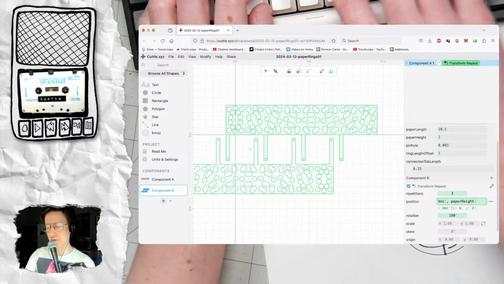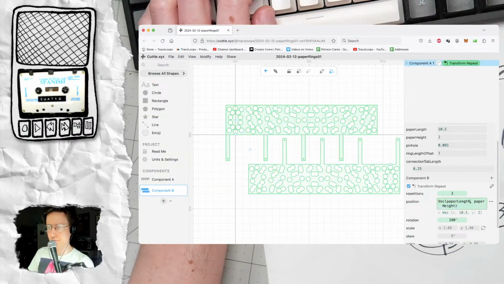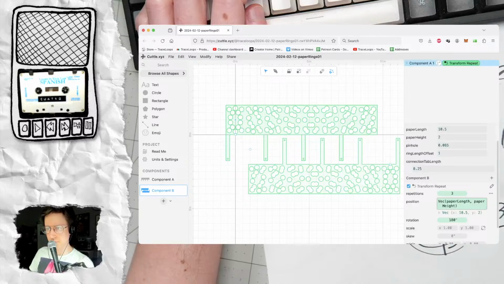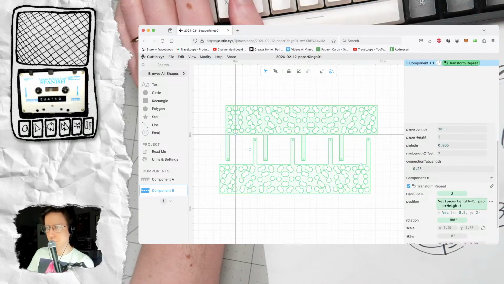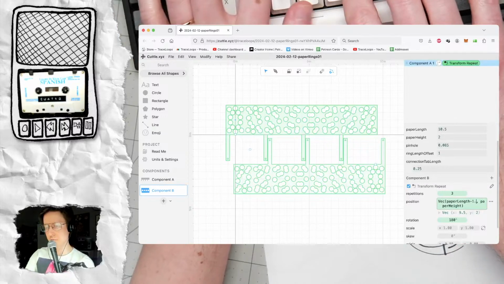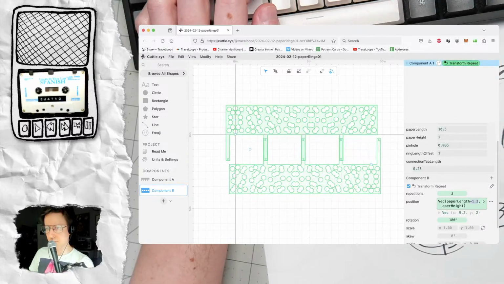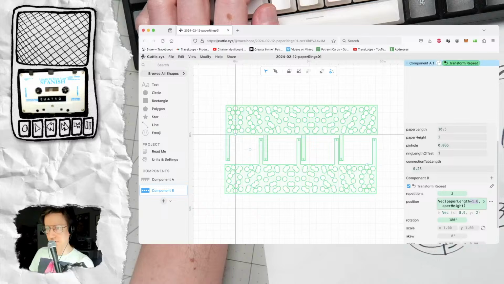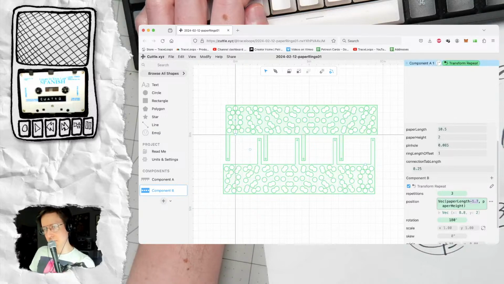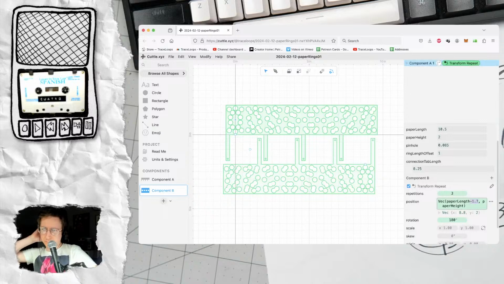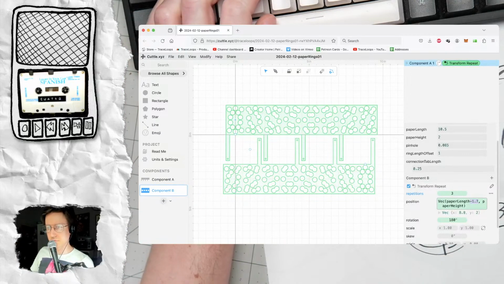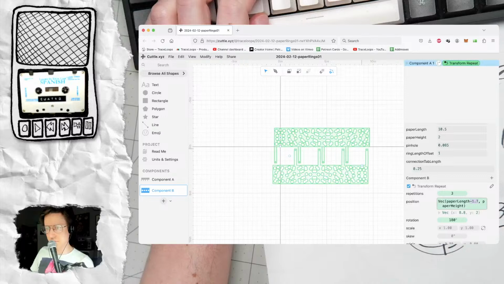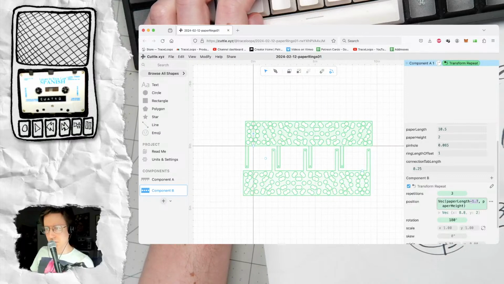5, 6. Actually shift a tiny bit. You know what?